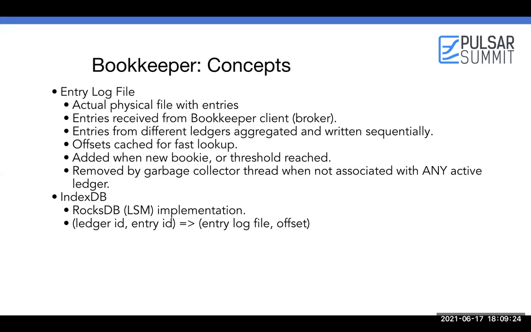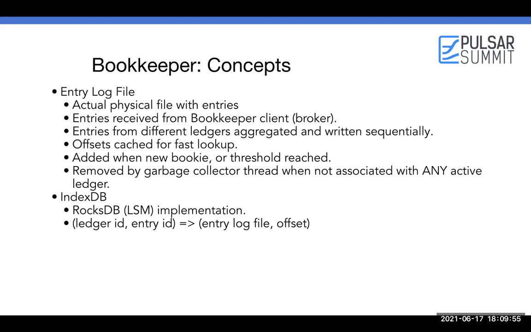And for indexing that we talked about, Bookkeeper actually uses RocksDB, which is an implementation of log structured merge trees, LSM. And the index works in a fashion that the key is ledger ID and entry ID, and the value is the entry log file that we talked about and the exact offset in that physical file where one can find an entry there.